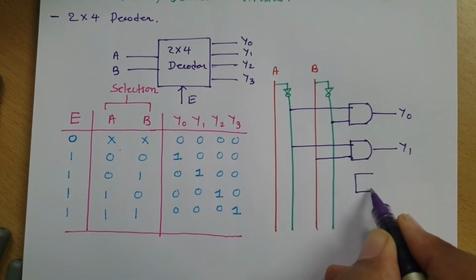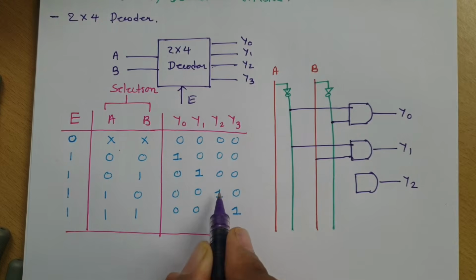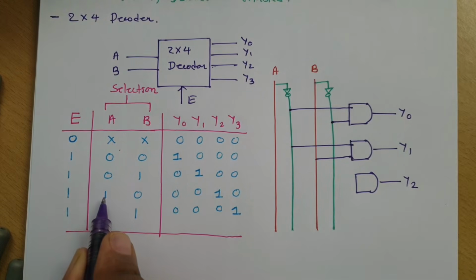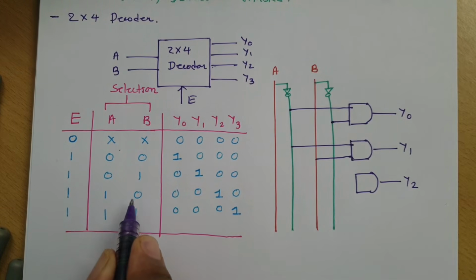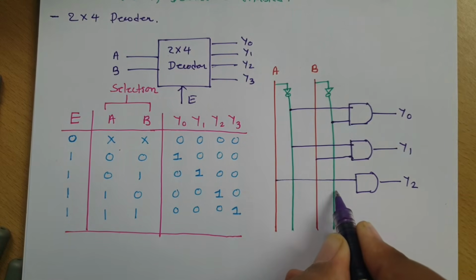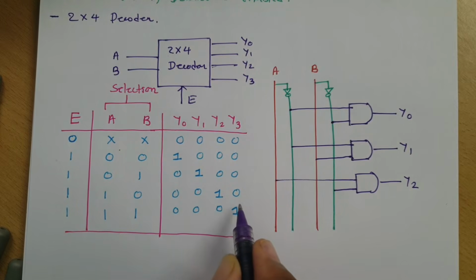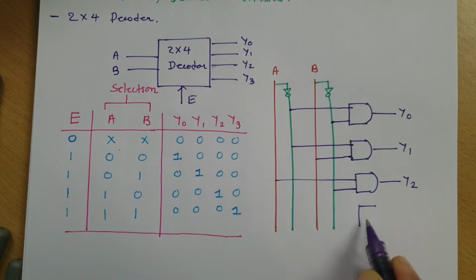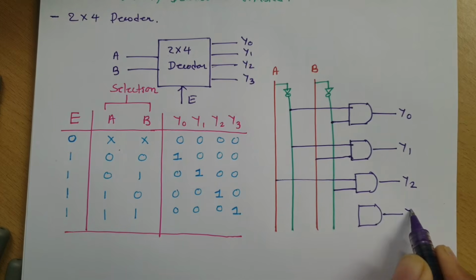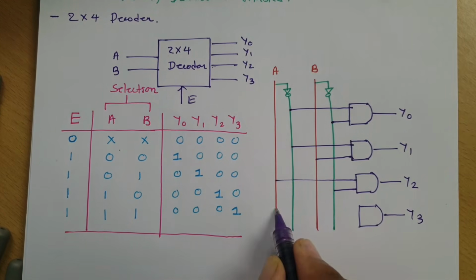Now to have Y2, this is the one, and for that you see the selection is A is 1 and B is 0. So here I need to connect A and B 0, means B bar. And to have a selection of Y3 by AND gate, all we need to do is A and B both are 1.